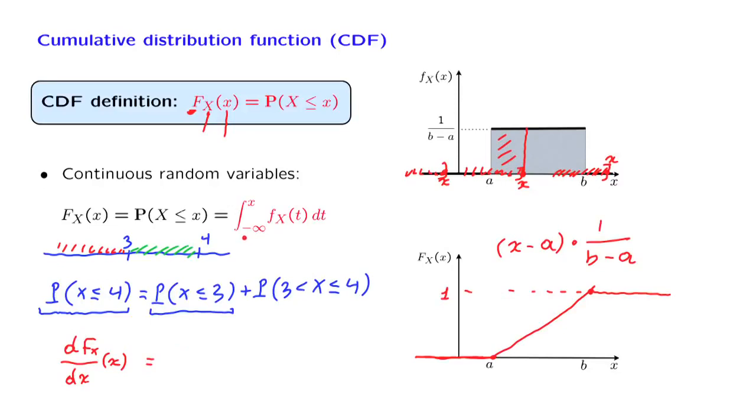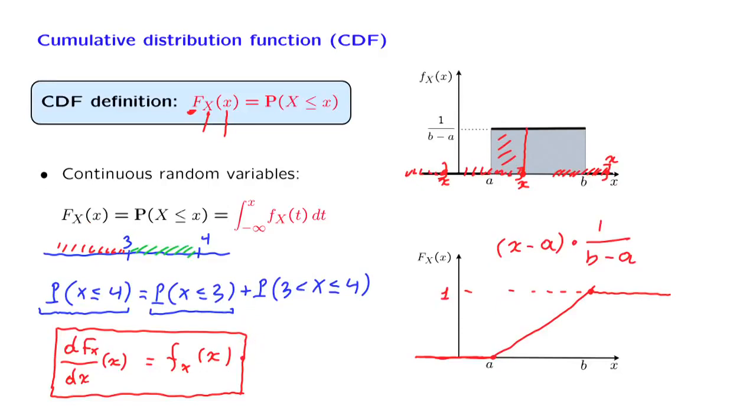By basic calculus results, the derivative of an integral with respect to the upper limit of the integration is just the integrand itself, so it is the density itself. So this is a very useful formula which tells us that once we have the CDF, we can calculate the PDF. And conversely, if we have the PDF, we can find the CDF by integrating.